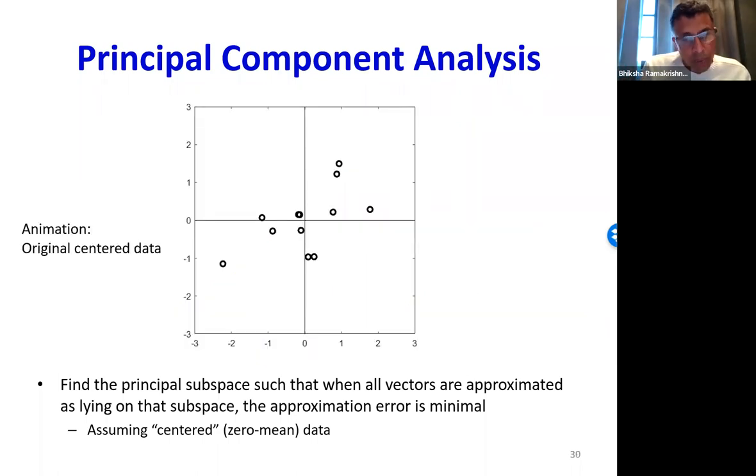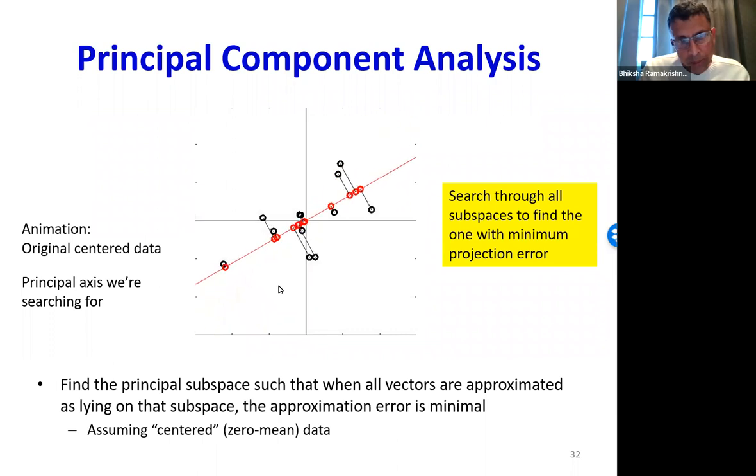So, for example, if this were all of your data, you would be searching through all possible lines until you found the line where the total squared length of all of these black lines is minimized. Basically, you're searching through all the subspaces to find the one with the minimum projection error. This was principal component analysis.